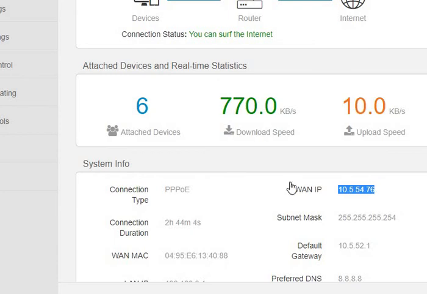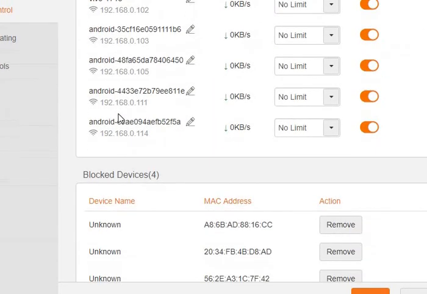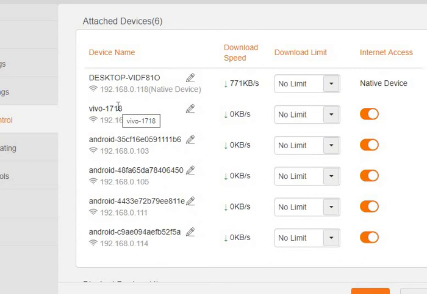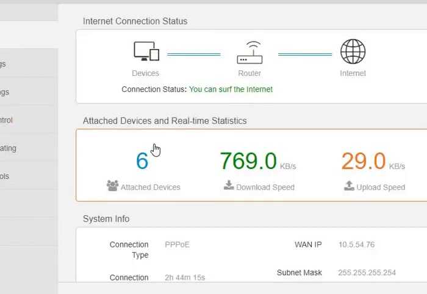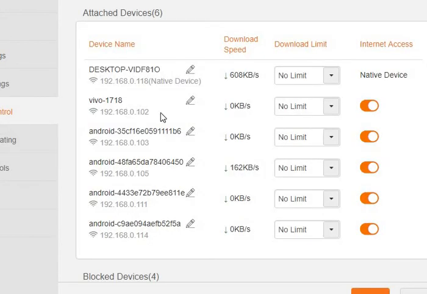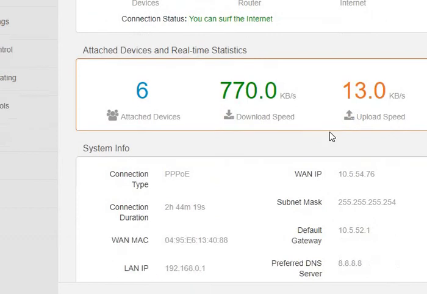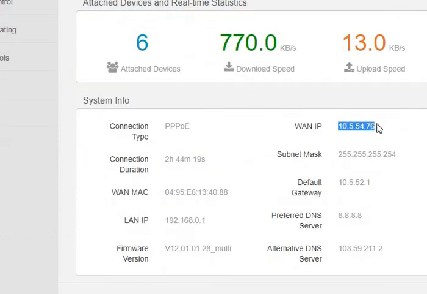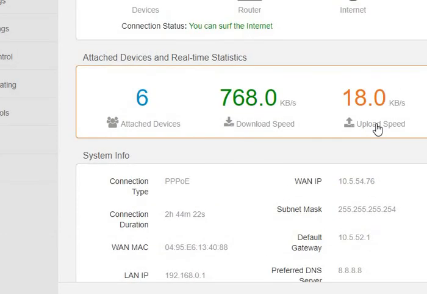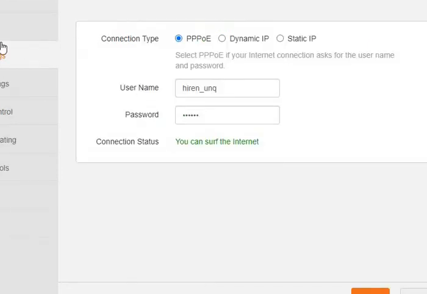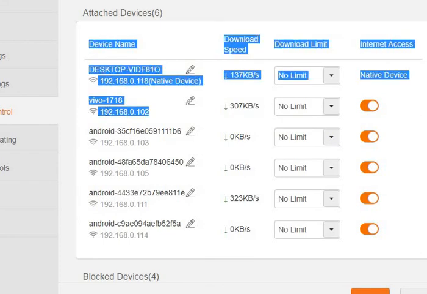So if this is my mobile, a Vivo 79, and I want to access anything from this Vivo mobile, the traffic will go from this 102 IP address to this 10.5.54.76 IP address. Then Google will respond to this IP address, and this IP address to the mobile's IP address.